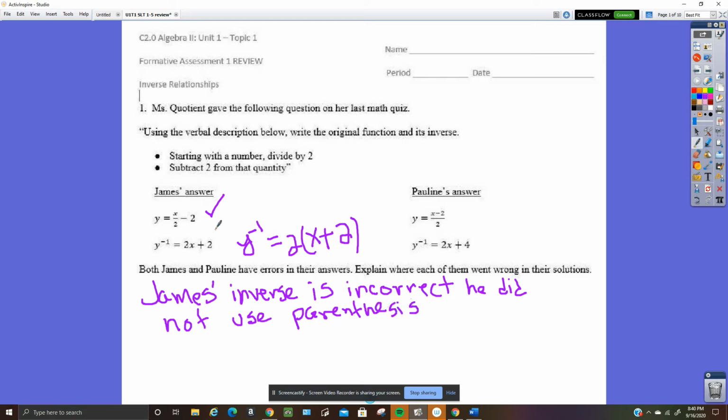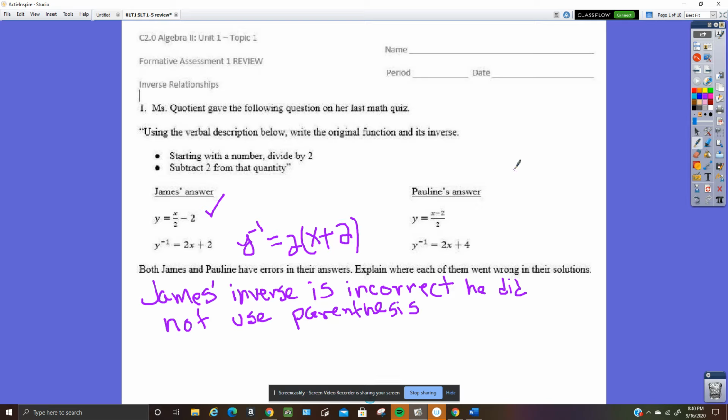So after this first step here, x plus 2, he didn't use parentheses for the second step. Let me say that again, multiply the result by 2.